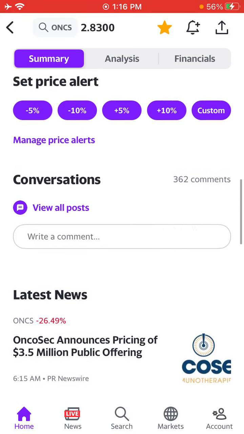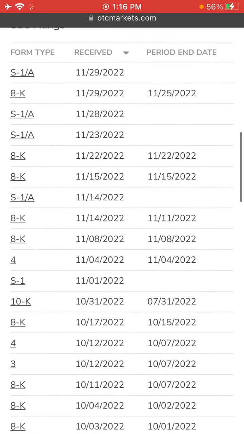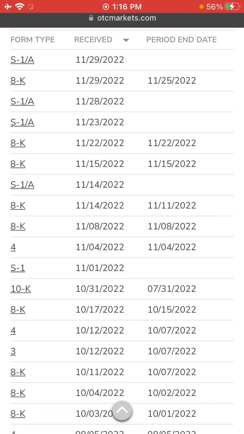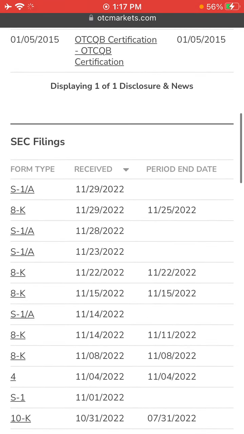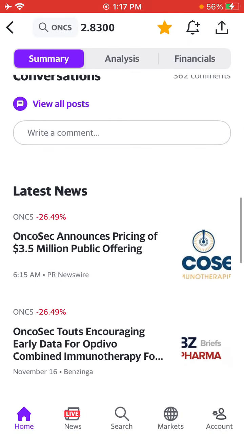And so anyway, if we look at the 10Q, it was issued on 10/31 of this year, 2022. So then I'm looking after the start of November, there should be some mention of a reverse split.